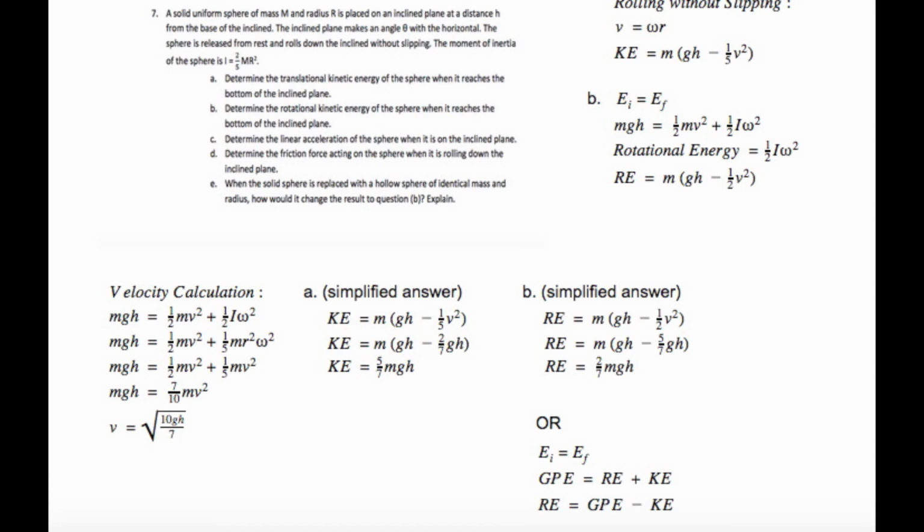We already know that the gravitational potential energy is mgh, and we just solved for the linear kinetic energy, saying it was 5/7 mgh. So we can just say that the rotational energy is equal to the gravitational potential energy minus the linear kinetic energy. We see that mgh minus 5/7 mgh comes up again, and we can also show this way that the rotational energy is equal to 2/7 mgh.